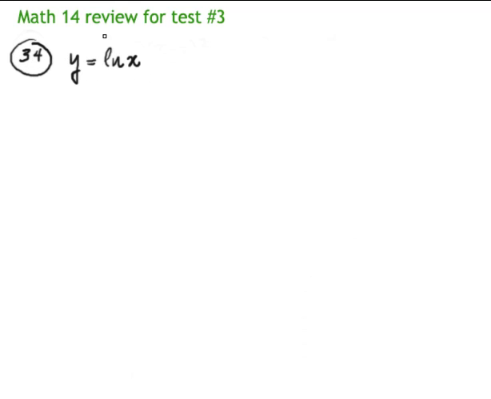Okay, number 34, we want the domain and range of y equal ln x, and we want a sketch of the graph. So remember, y equal ln x is the inverse of y equal to e to the x. So let's remember what this graph looks like. Y equal e to the x, this exponential.